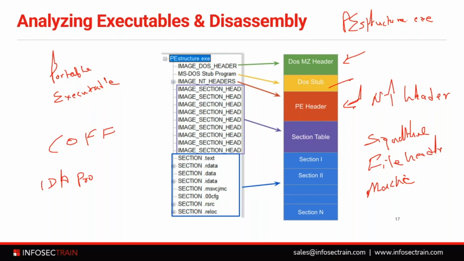Size of the optional header. What is the size of the optional header? And then there is another one which is called Characteristics. So Characteristics contains a flag which tells whether the file is a portable executable or a DLL file, right?